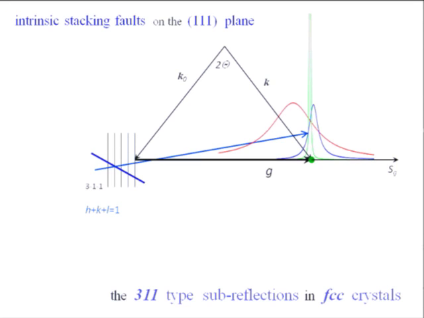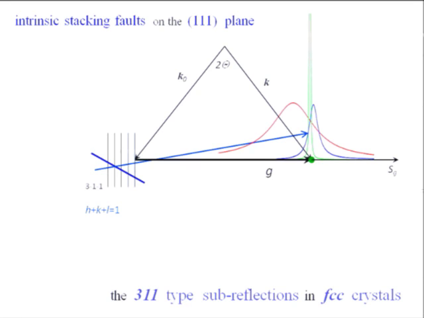If the subreflection is 3,-1,-1, then the sum is 1, and then there is an effect. And if it is a stacking fault, not just a twin, then beyond the broadening, you also get a shift.